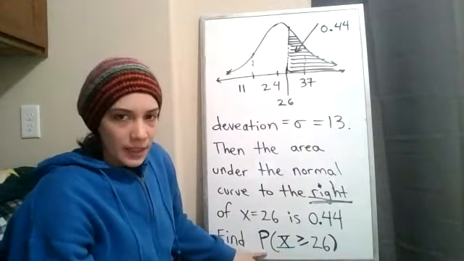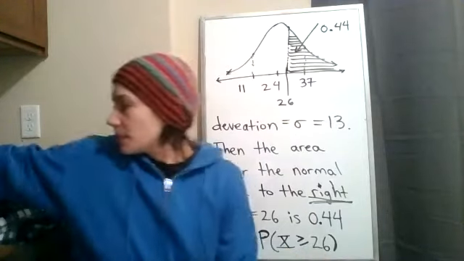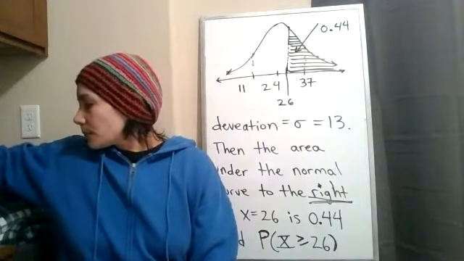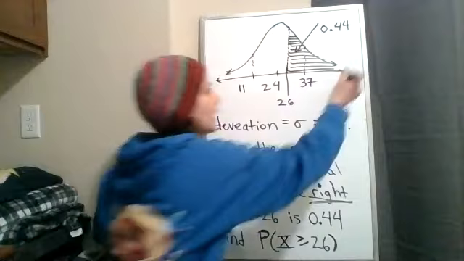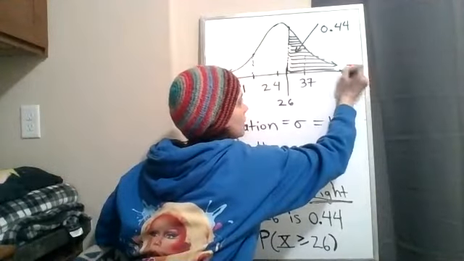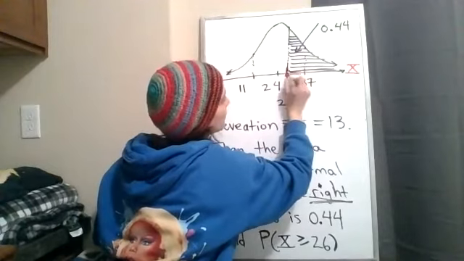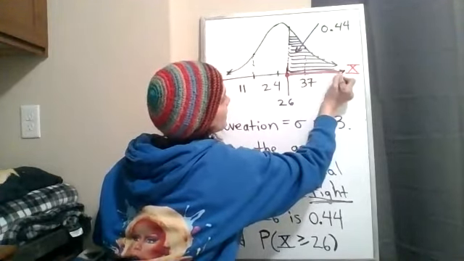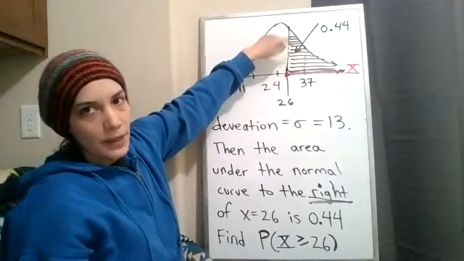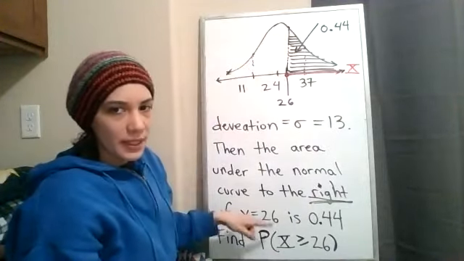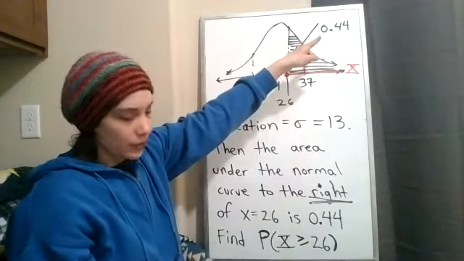We want the probability that x is greater than or equal to 26. These are your x values, and we want x greater than or equal to 26. So we're just choosing that area. They're the same thing. Probability x greater than or equal to 26 is 0.44.